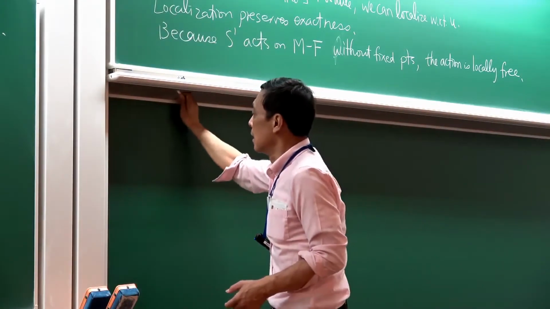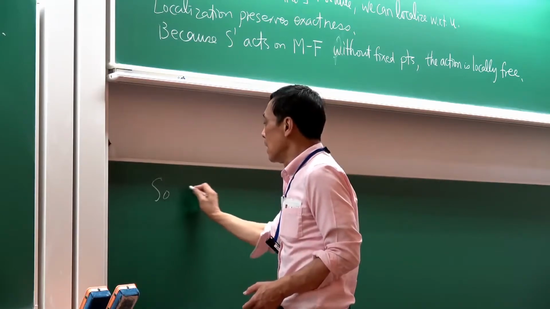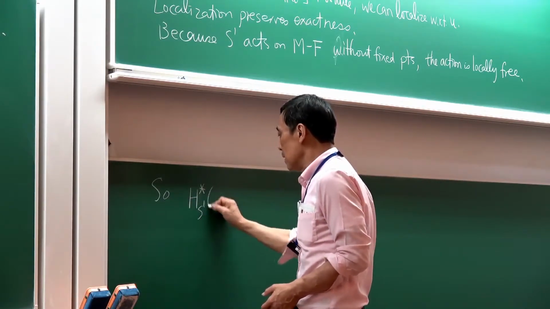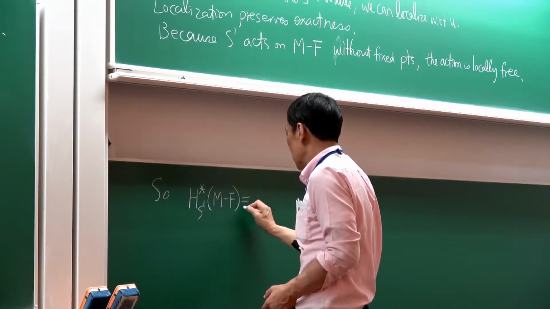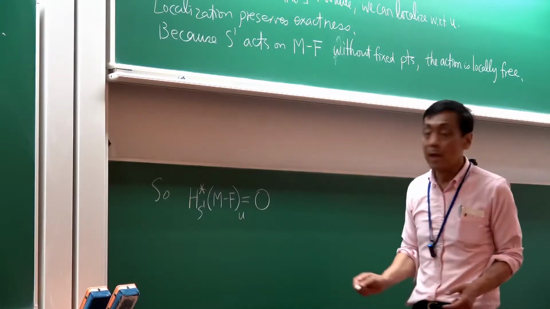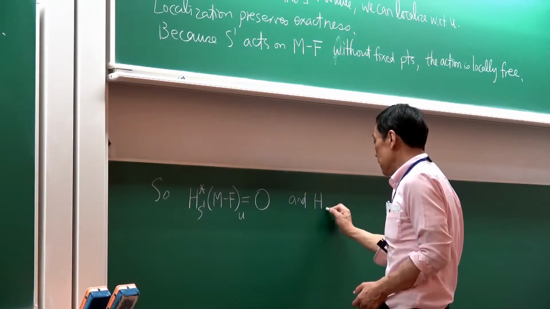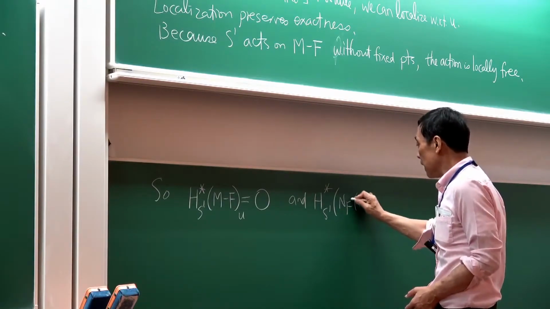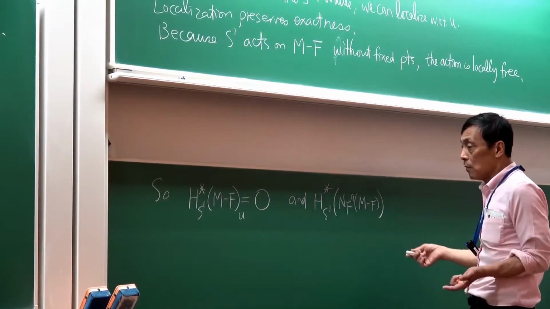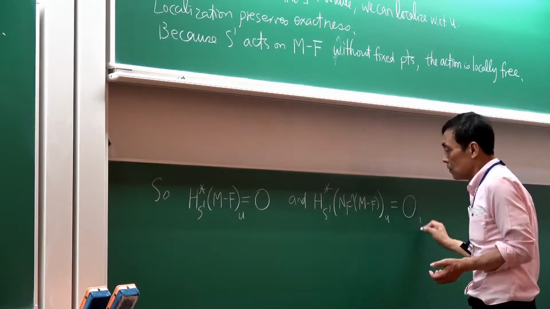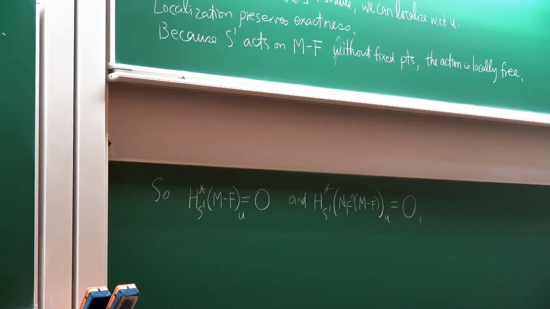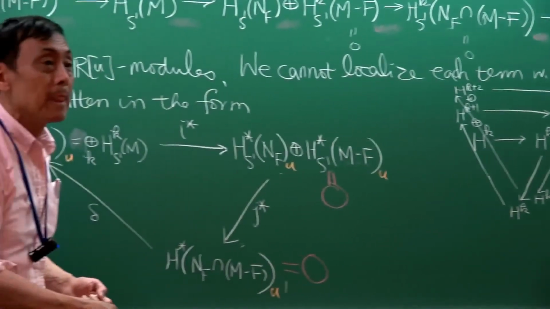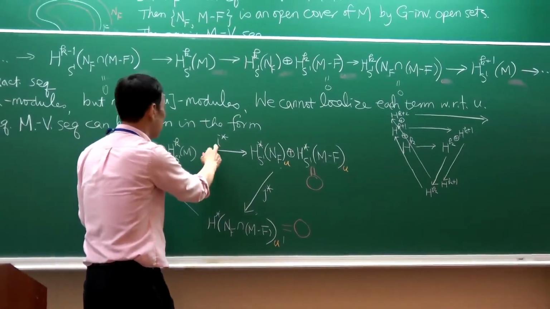So the localized equivariant cohomology is 0, and similarly, S1 acts on the intersection of M minus F with NF without fixed points, so it's locally free, so this is also 0, okay? So in this triangle, this is 0, and this is 0. And therefore, this is an isomorphism.